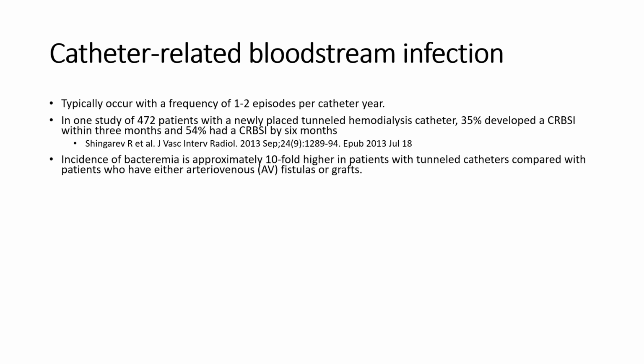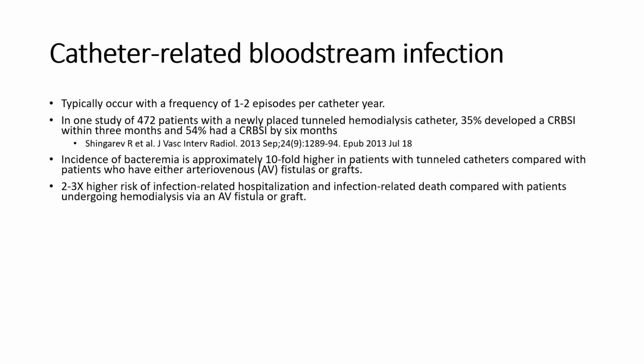The incidence of bacteria in the blood, or bacteremia, is about 10-fold higher in patients with tunneled catheters compared with patients who have fistulas or grafts. Additionally, there is a 2 to 3-fold higher risk of infection-related hospitalizations and infection-related death compared to patients who use fistulas or grafts.